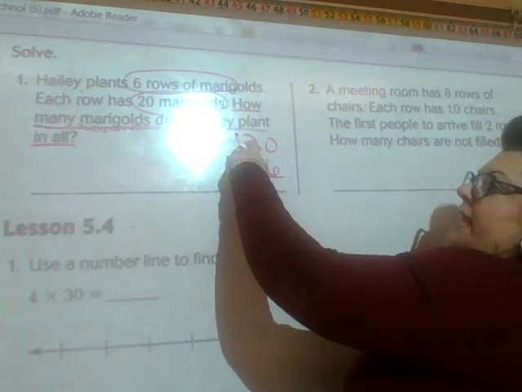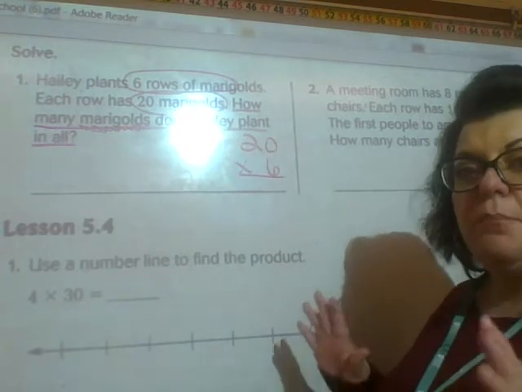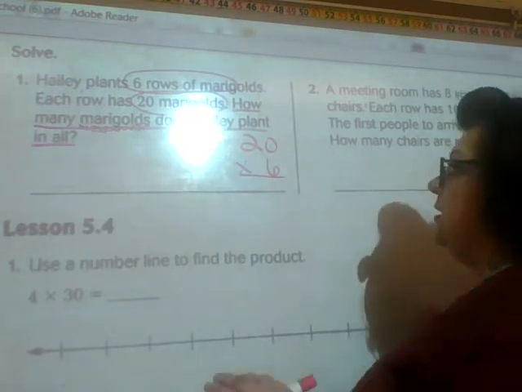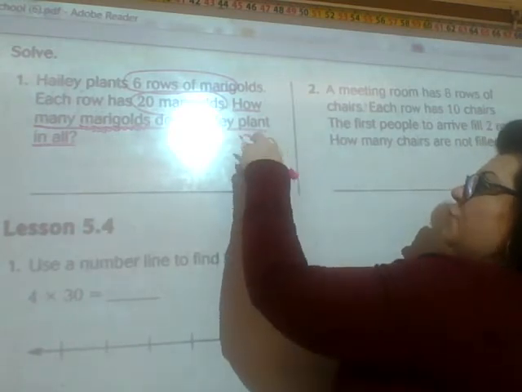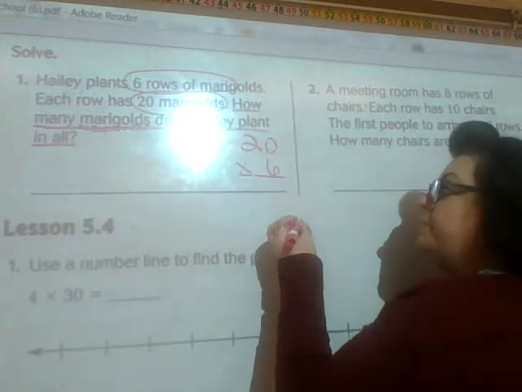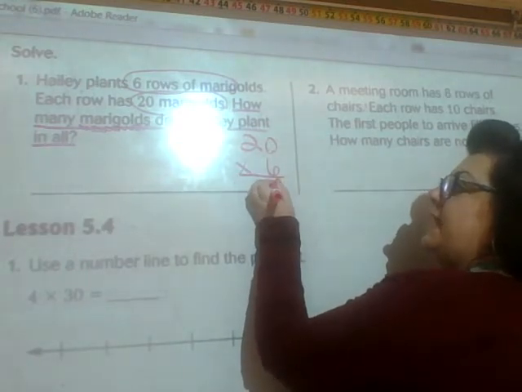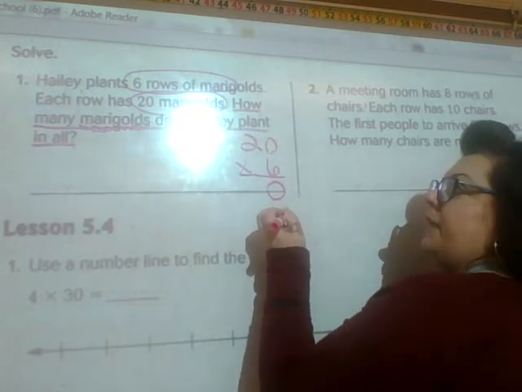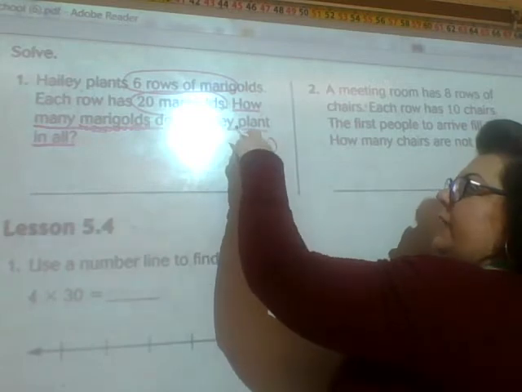Now, the easiest way to go about doing this is just to learn how to multiply it correctly. You're going to take care of your ones place first. This is your ones place right here. 0 times 6 is what? Anything times 0 is 0. Now you've taken care of your ones place.